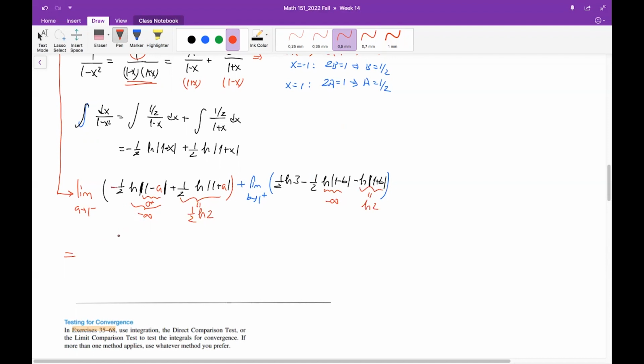Minus minus is a plus infinity. This is the result of the first integral. And similarly, we have a constant, and minus minus will make it another plus infinity. So the result of the limits altogether is plus infinity. So the given improper integral is a divergent one.